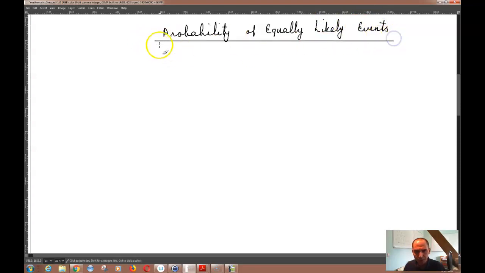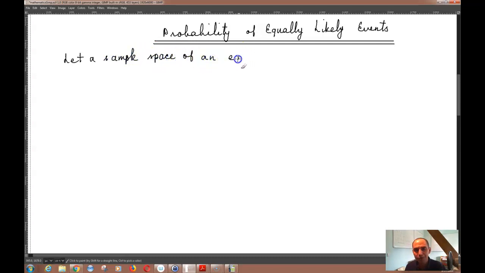So, the probability of equally likely events. Let the sample space of an experiment be S equal to omega 1, omega 2, omega 3, all the way up to omega n.